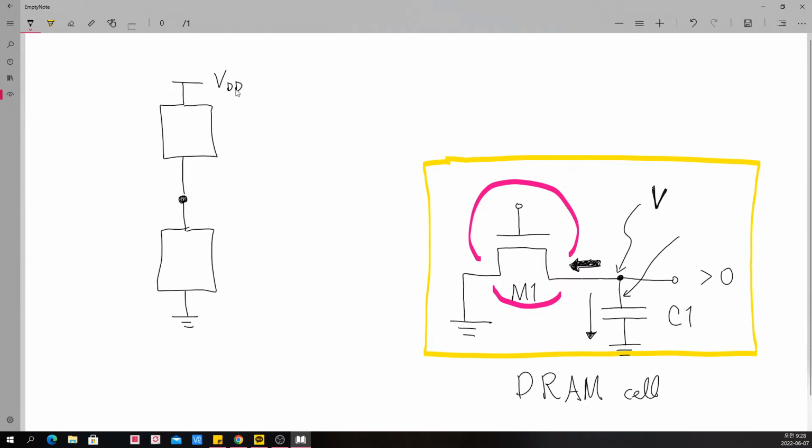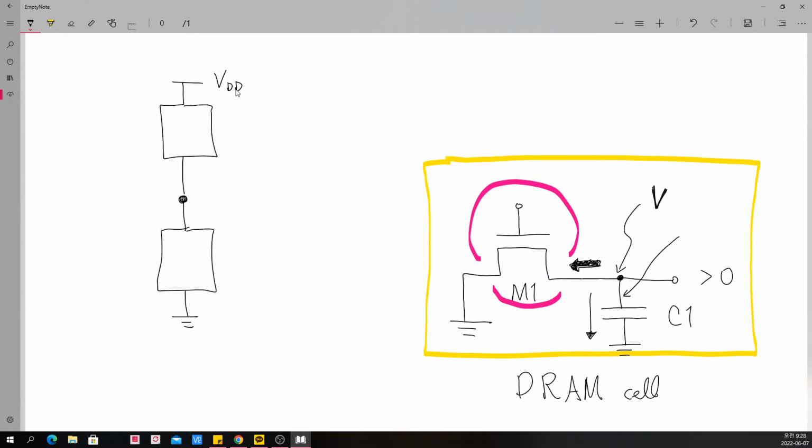Of course, although I have used the ground and VDD for showing the typical value, it is not necessarily ground or VDD, because we can have a certain level.